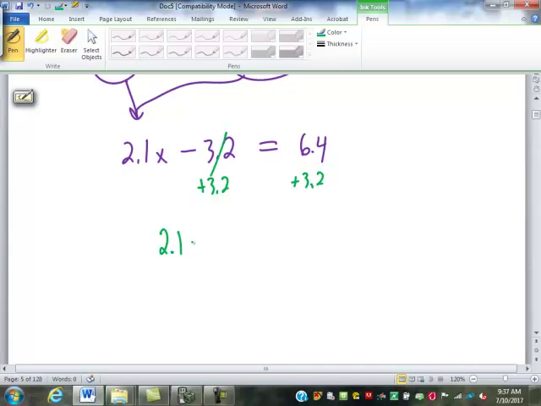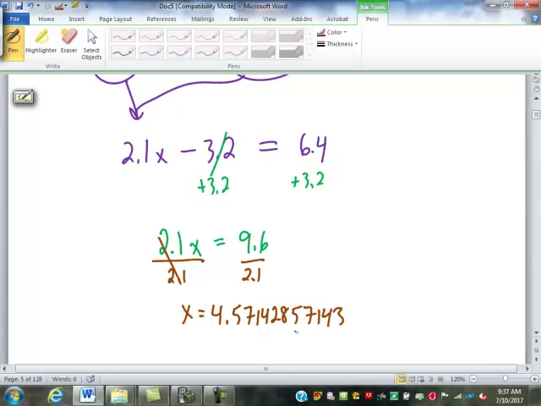So 2.1x equals 9.6. And then? Divide by 2.1. X equals 4.57142857143. Approximately.